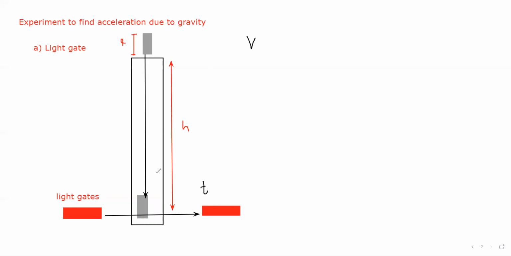So we can find the speed at this point. Speed is equal to distance over time. So the length of the object divided by time, we will get the final speed.